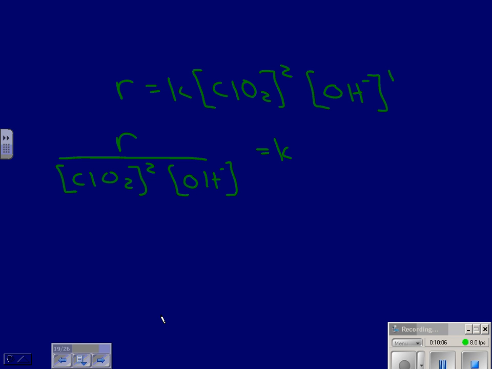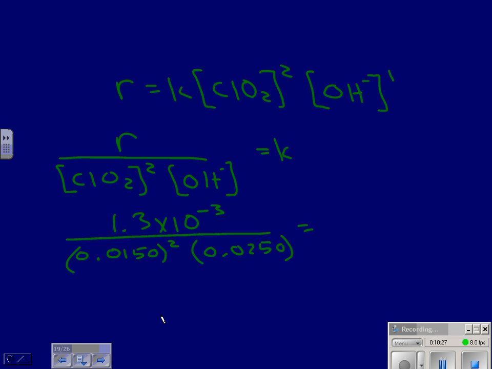So looking at number 1, 1.3 times 10 to the minus 3 over the concentration of ClO2, 0.0150, that's all squared. And then the concentration of OH, 0.0250, and that's to the exponent 1. And that gets us K.